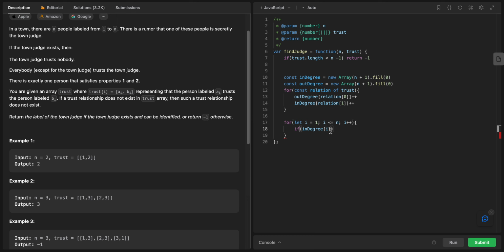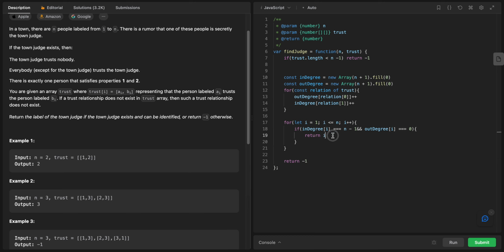So if this I equals n minus 1, okay, and the out degree of this I equals 0, we return I, otherwise return minus 1.